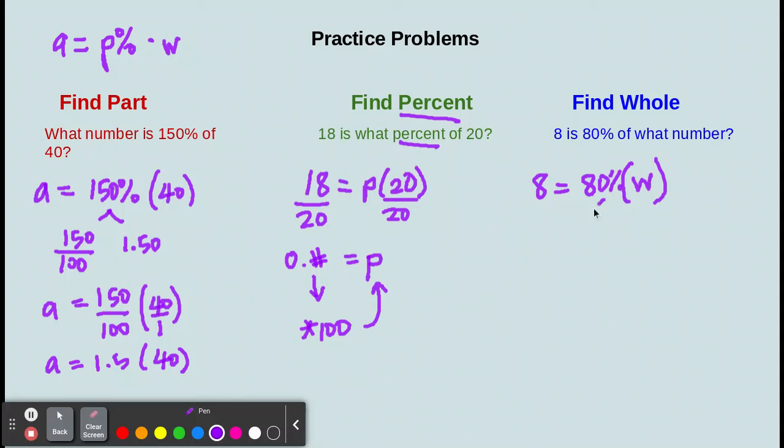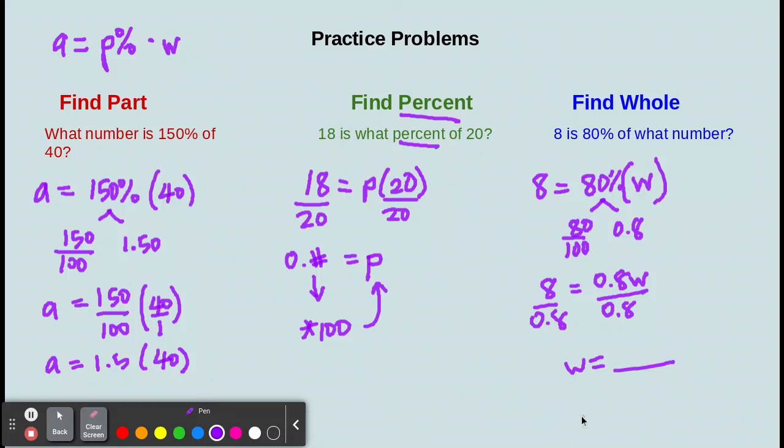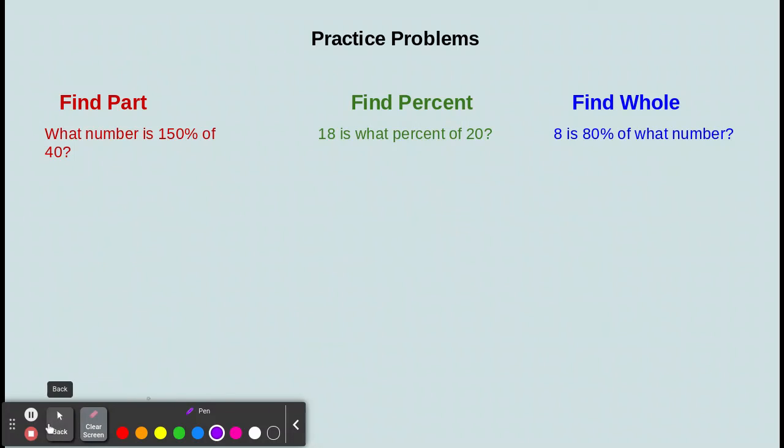Right, so first thing again, change that 80% into either a decimal or a fraction, 80 over 100, 80 per 100, or 0.8. Right, so then it becomes 8 equals 0.8 W. Divide both sides by 0.8, and you're given your whole. W equals something. And that concludes 6.3.